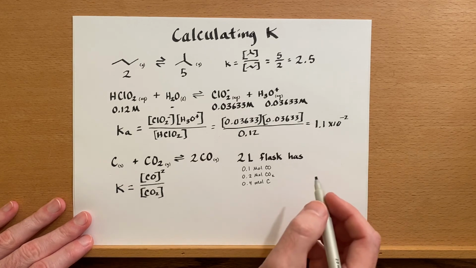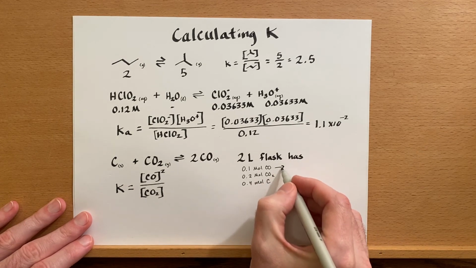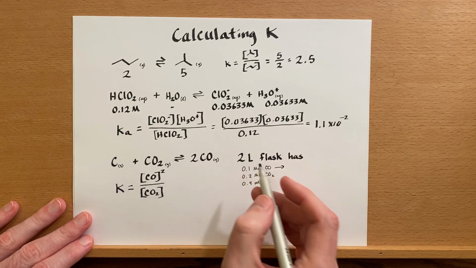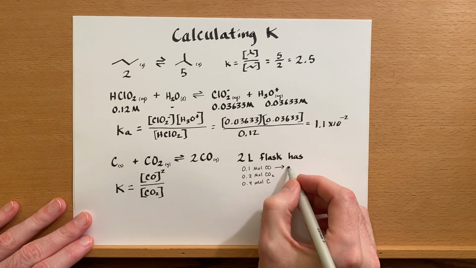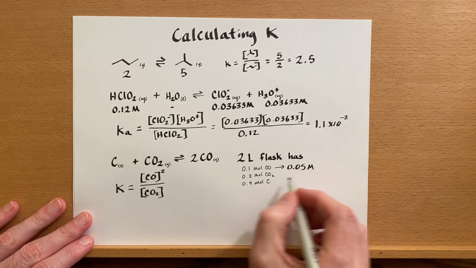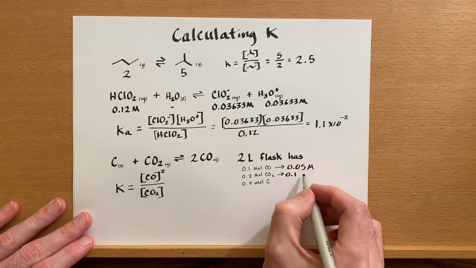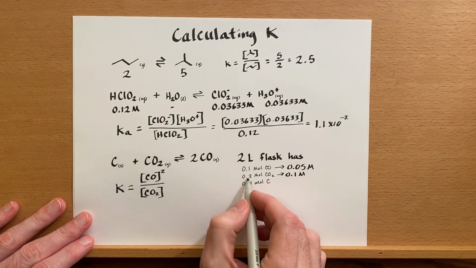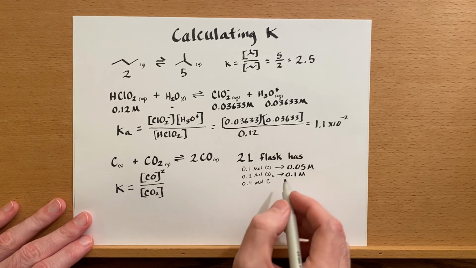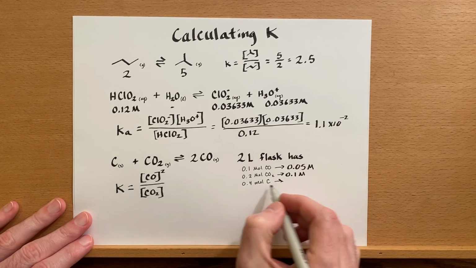So we're going to calculate the concentration of each of these, plug those numbers in, and evaluate the equilibrium constant for this. So if we calculate the concentration, we just need to take the moles, divide it by the liters to get the molarity. So this will be 0.1 molar, and this will be 0.05 molar. All right, because 0.2 divided by 2, 0.1 divided by 2 should be that. And for this one, we don't care because it's a solid.